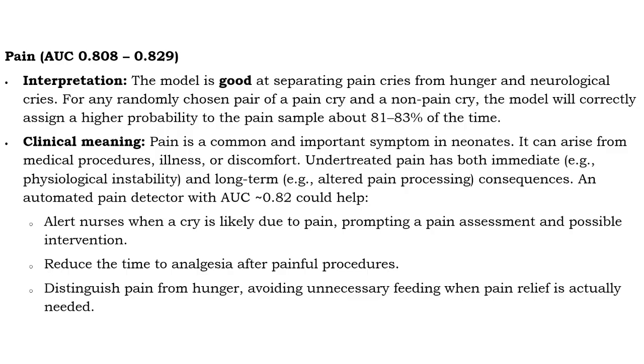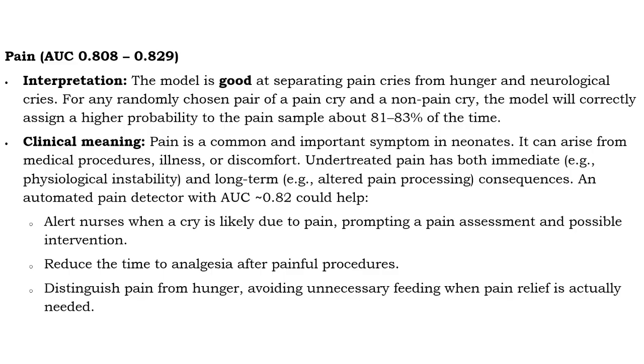All right, so let's quickly look at the pain at 80 to 82. The interpretation is that the model is good at separating pain from the hunger and the neurological classifications. The clinical meaning is that pain is a common and important symptom in neonates. It can arise from medical procedures, illness, discomfort.